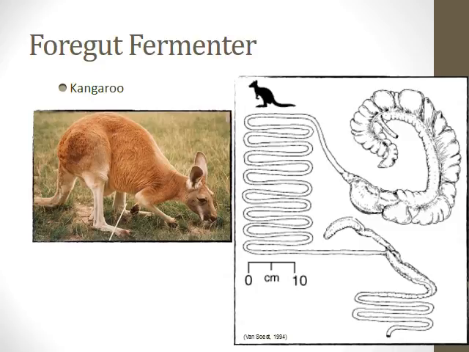And that's where gastric acids, that's where hydrochloric acid, is produced to break down proteins to peptides. Now, unlike the rabbit, the kangaroo has a very small cecum because the fermentation is predominantly going on before the small intestine. So that's one of the things that should have stood out in this particular picture.